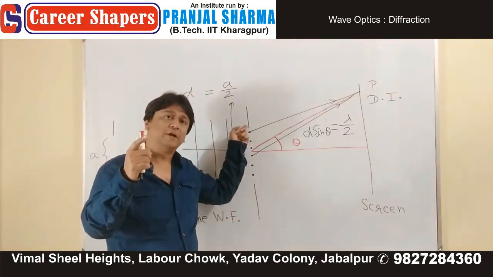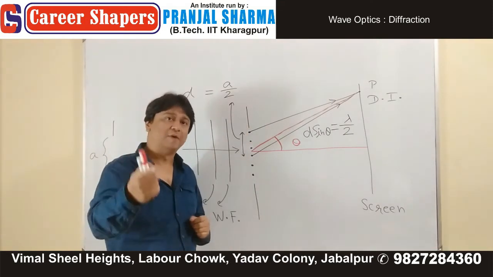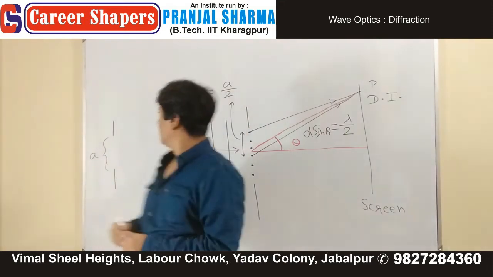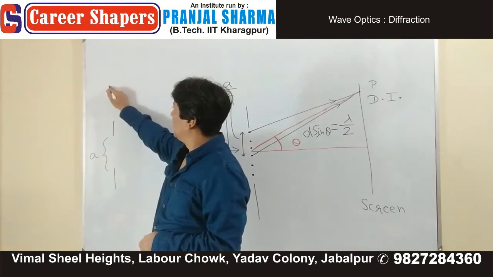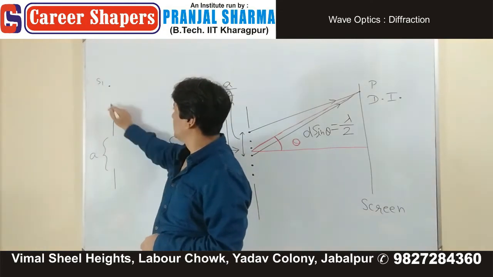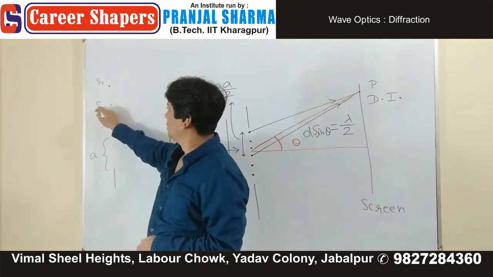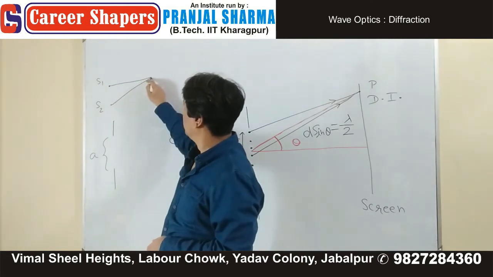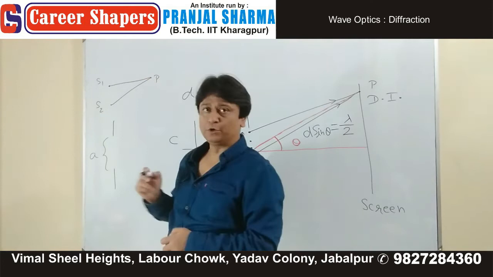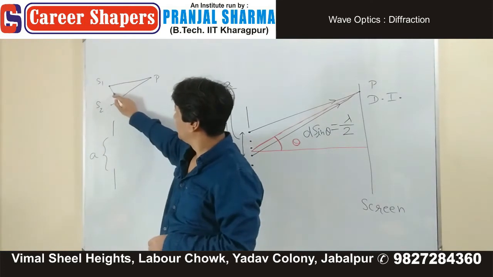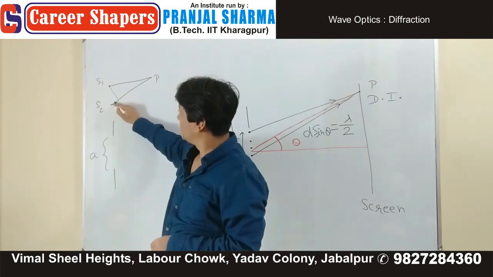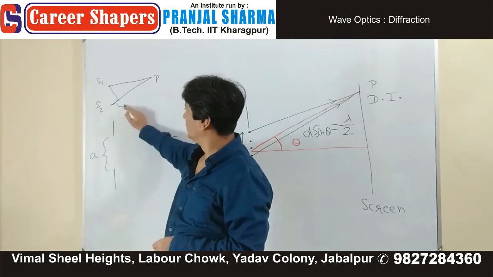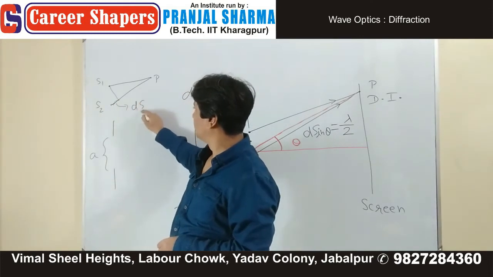In the YDSE derivation, I hope you remember that when light from S1 and from S2 reaches a point on the screen, we used to drop a perpendicular. This much was d sine theta.